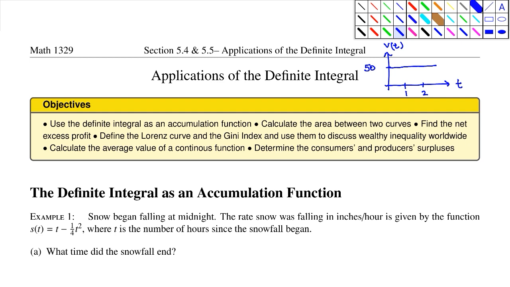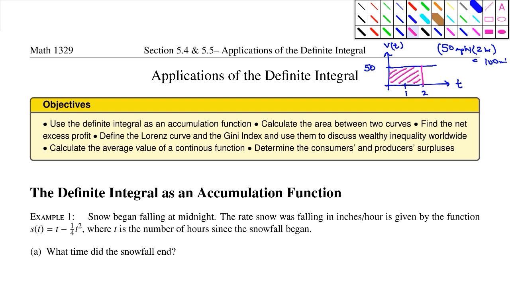Then the question is, how far have you traveled in 2 hours? Well, this one is a straightforward, simple one, right? 50 miles per hour times 2 hours is equal to 100 miles. Graphically, what that looks like is the area under the curve between 0 and 2.